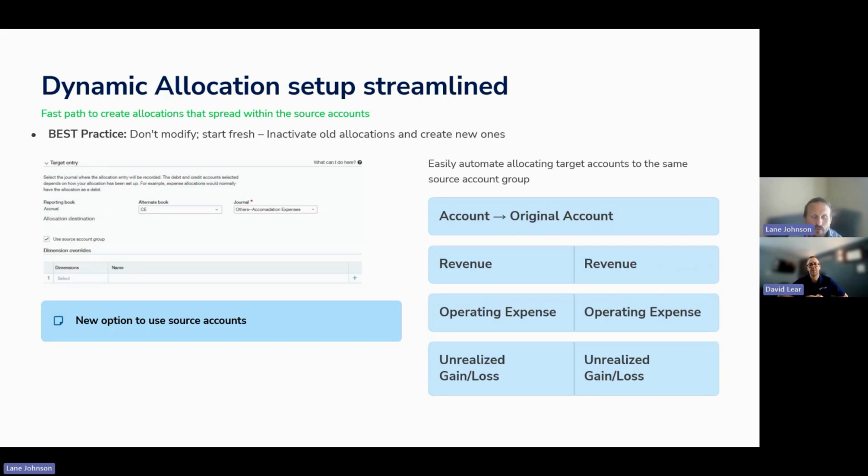Sure. So, what Sage really designed this for, the perfect use case is departmental allocations, right? So maybe you've got overhead departments that you're wanting to allocate to your actual business line.